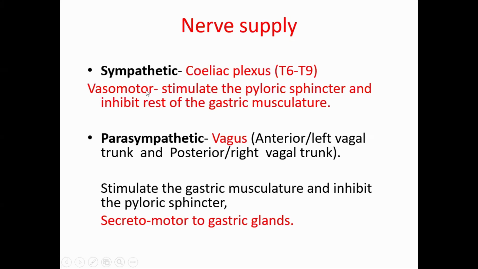The sympathetic fibers are vasomotor and stimulate the pyloric sphincter, whereas they inhibit the rest of the gastric musculature. Parasympathetic, by the vagus: anterior or left vagal trunk, posterior or right vagal trunk, and its action is opposite. It stimulates the gastric musculature and inhibits the pyloric sphincter, and they are secretomotor to gastric glands.